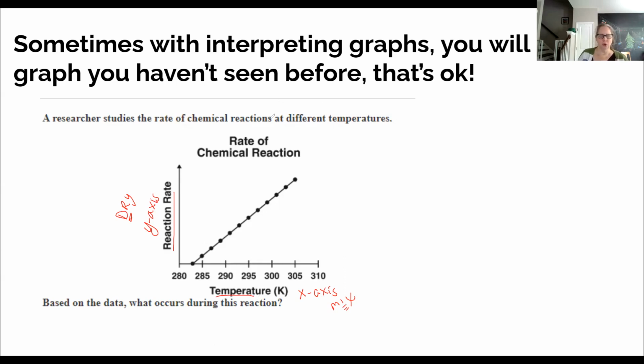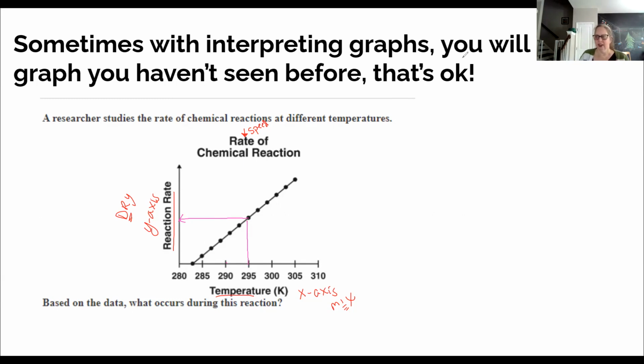What else do we know? Rate of chemical reaction. You might remember the word rate basically means speed. What is the speed of the chemical reaction? As we increase the temperature, at 295 we have a reaction rate that equals this number here. It's okay, there's no scale on it.